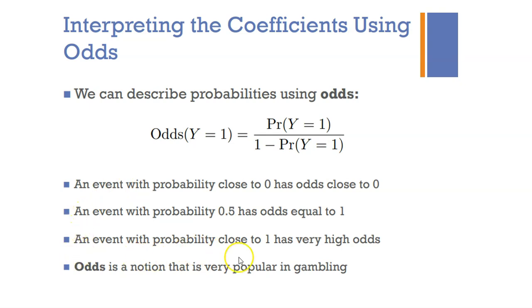An event with probability close to 1 has very high odds, because this would be close to, let's say, 0.99. The denominator would be 1 minus 0.99, which is 1%, or 0.01. Of course, 0.99 divided by 0.01 would be a big number.